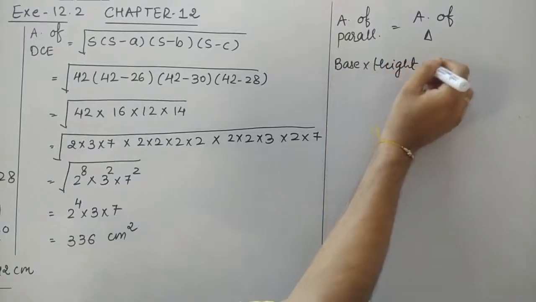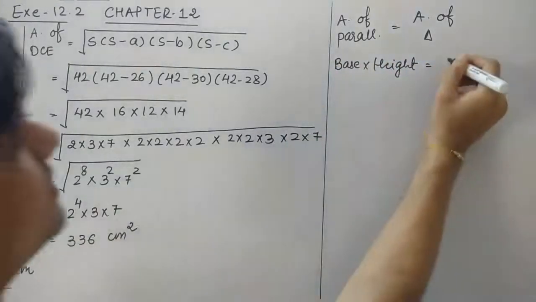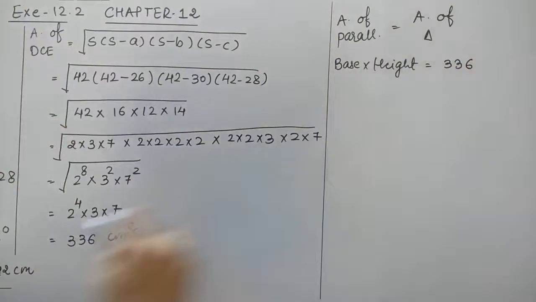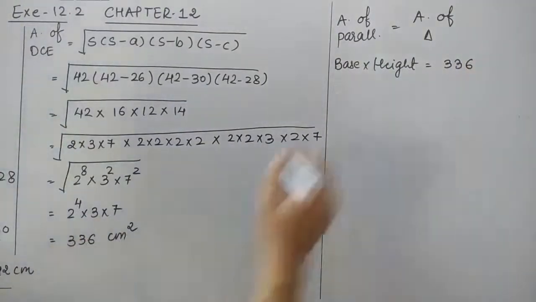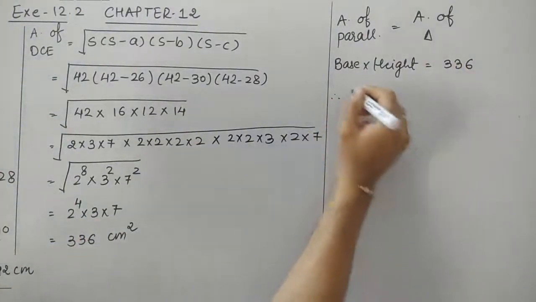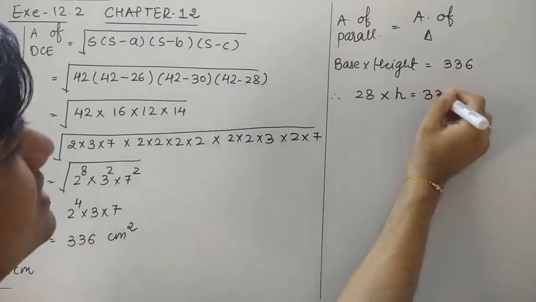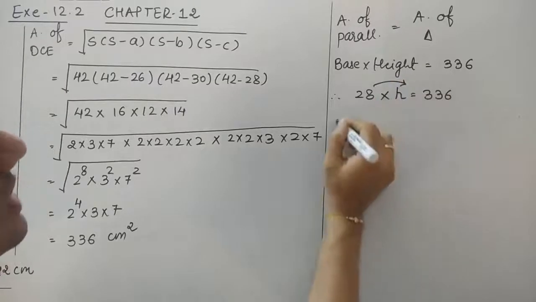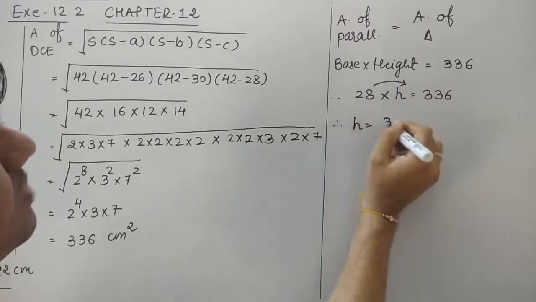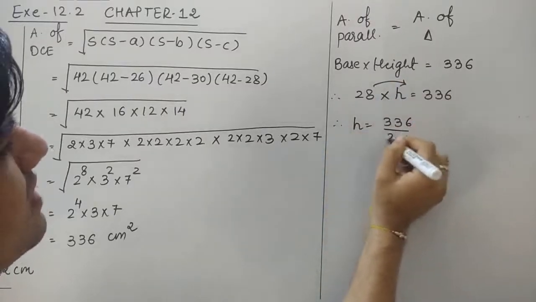The base we have, and the area of the triangle we have, 336. Let us keep that in expanded form to make it easy. Base we should consider 28 as we have taken, and the height let us consider as 336. I'll take this 28 to the right hand side, which comes in the denominator. 336 divided by 28.